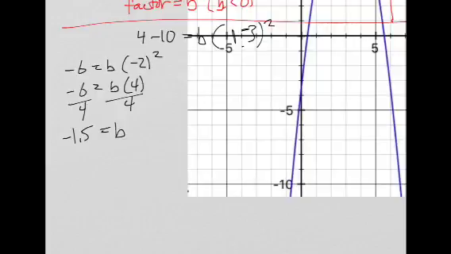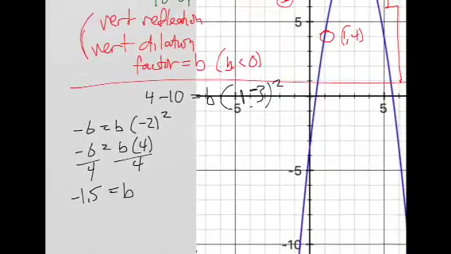And as I said earlier, there's a vertical reflection, so that b value has to be negative. Well, the b value is negative. That's what I expect, so that looks good.